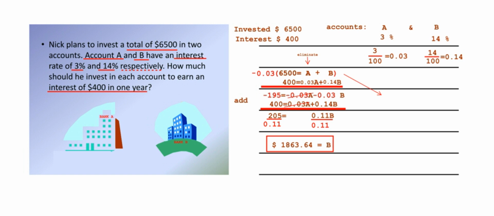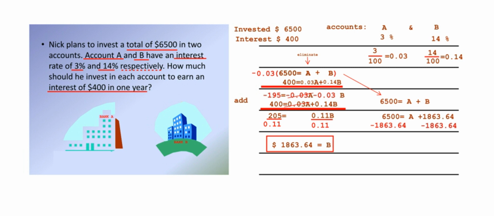Okay, so let's use the top formula to substitute the B value and find the account A amount. So 6,500 equals A plus B. That was our initial equation, right? We don't want to use the one that we transformed. We want to use the original one, which is that one. So replacing the B value with $1,863.64 and solving for A, let's get rid of it to the other side.